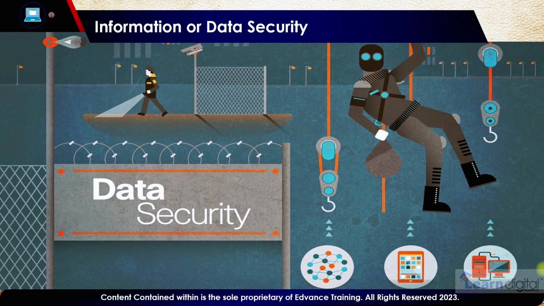In this session, we will discuss information or, you can say, data security. Data security is the process of safeguarding digital information throughout its entire life cycle to protect it from corruption, theft, or unauthorized access. It covers everything like hardware, software, storage devices, user devices, access and administrative controls, and organizational policies and procedures.